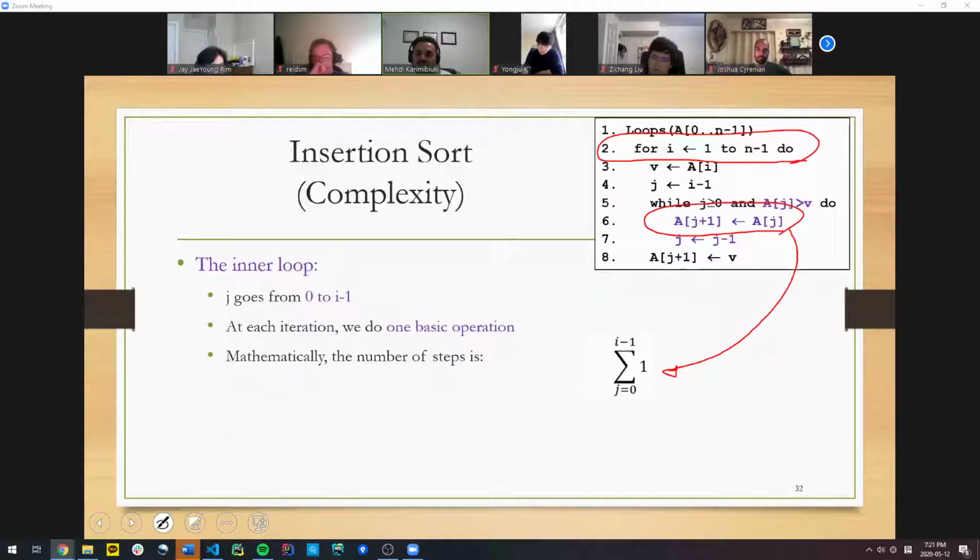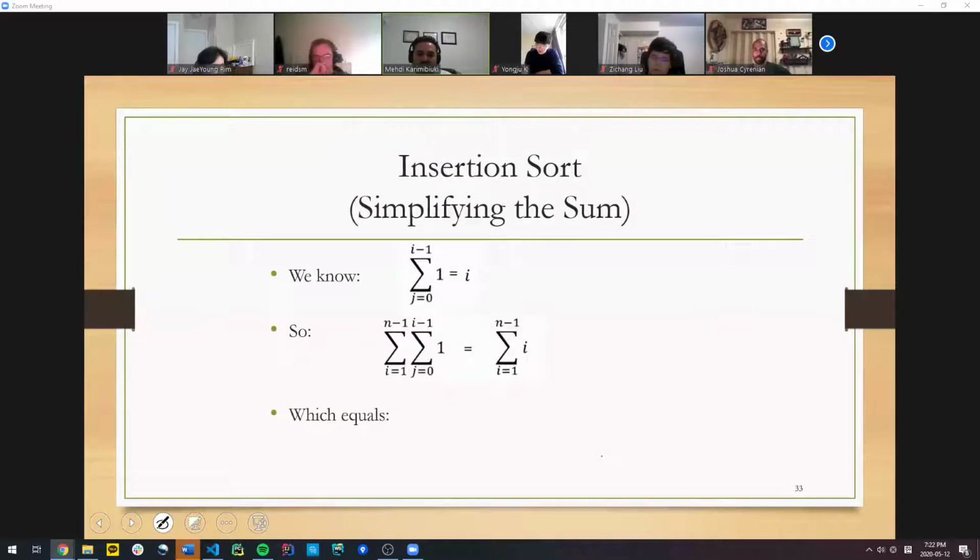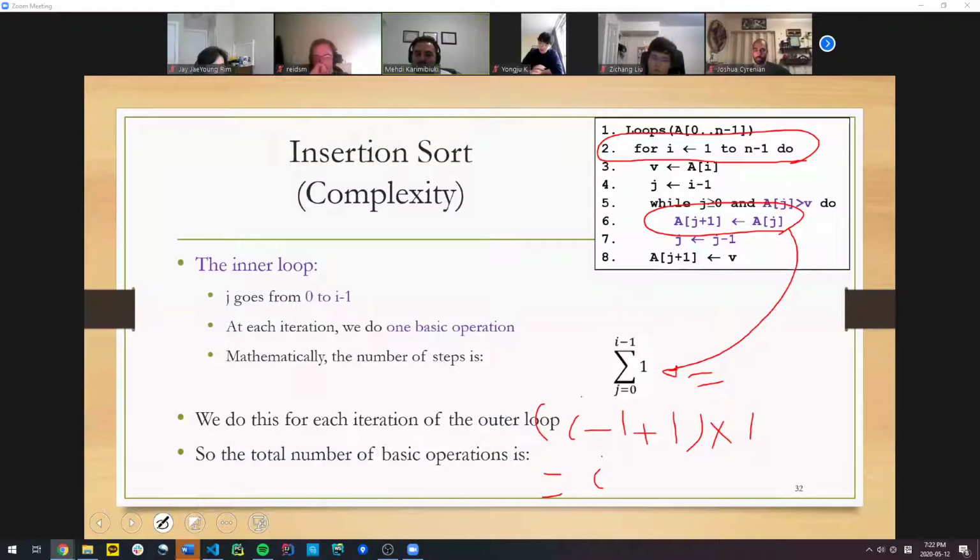And that should be i minus 1 plus 1 times 1 equals i. Oh, sorry, I missed the other one, the while loop there. So there must be a while loop in here that I missed, and that goes from, what is it, from j. So I missed this factor in here too.